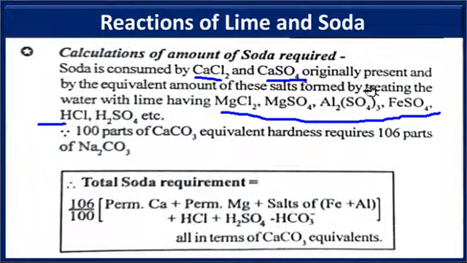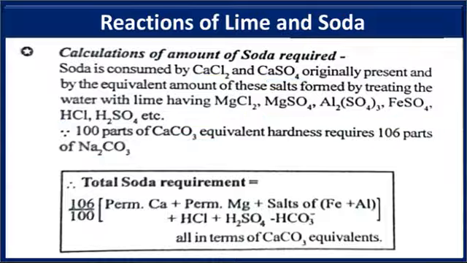So for these salts also we have to add the soda. 100 parts of calcium carbonate equivalent hardness requires 106 parts of soda. What we are doing here is putting the molecular weight of calcium carbonate and the molecular weight of sodium carbonate here. So 100 parts of calcium carbonate is equal to 106 parts of sodium carbonate.